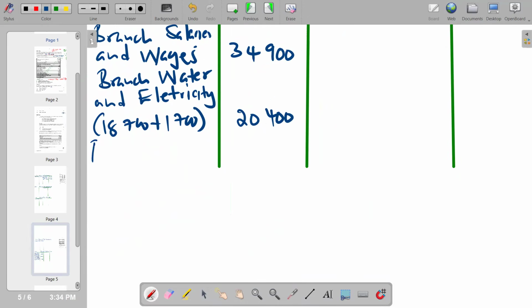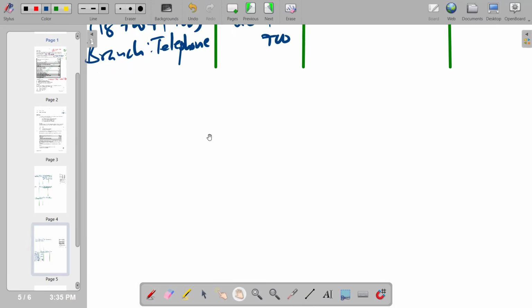So we are saying branch telephone, and it's 700. So basically, this is what we have on that part. We can just try to extend our lines.